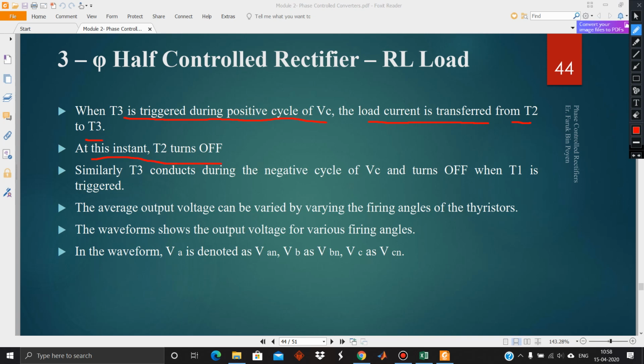So at this instant T2 turns off, because when T3 is turned on, obviously T2 will turn off. Similarly, T3 conducts during the negative cycle of VC and turns off when the cycle repeats, that means T1 is again triggered. So T1, T2, T3, again T1. Remember this sequence: T1, T2, T3, and again T1. This is your sequence of operation.